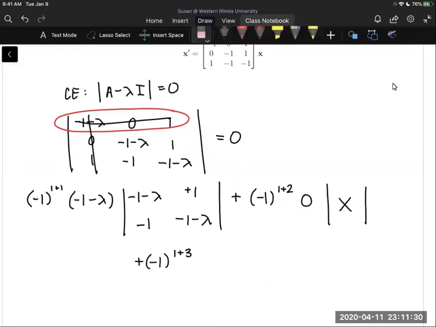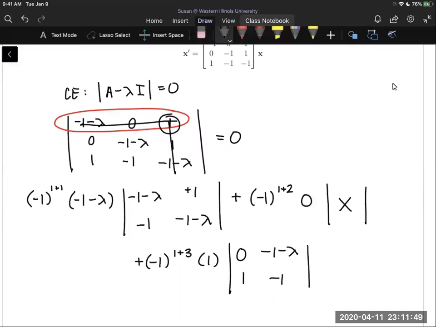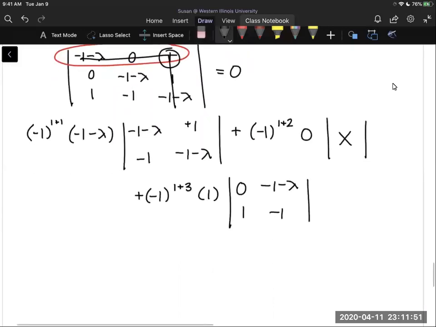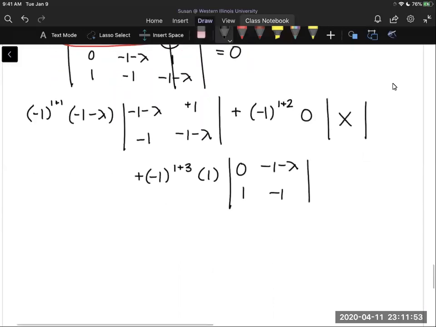And the entry that I'm looking at now, let me actually delete these strike through lines as well, is 1. And now let's strike through and write the determinant of the cofactor matrix.